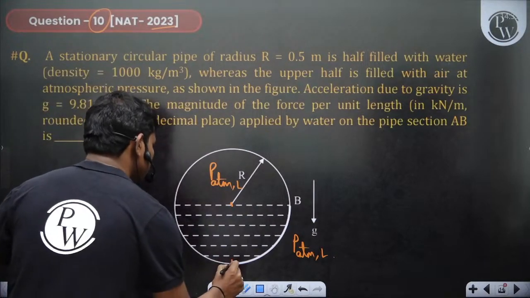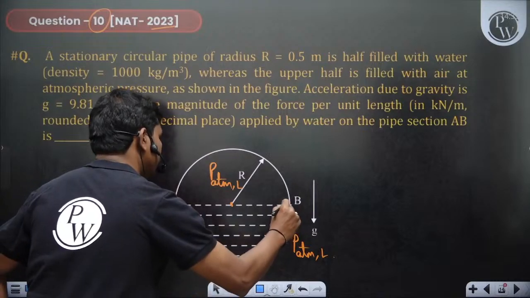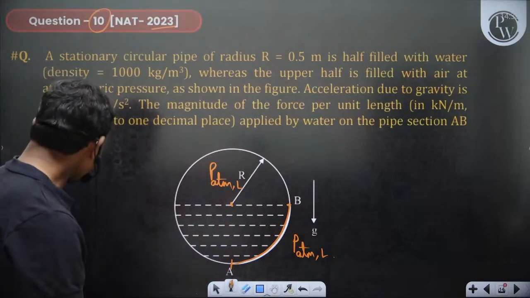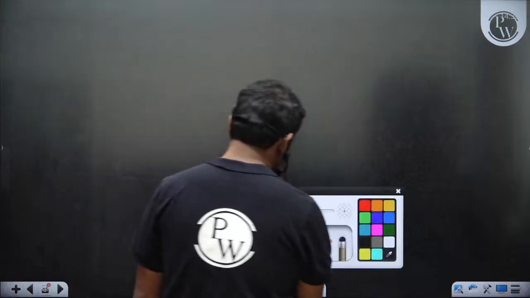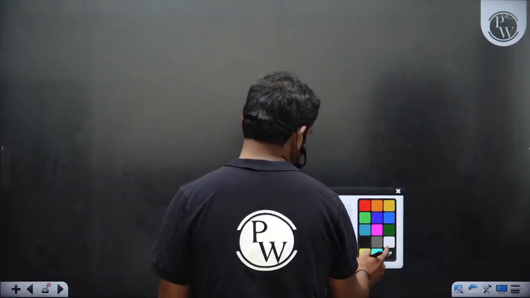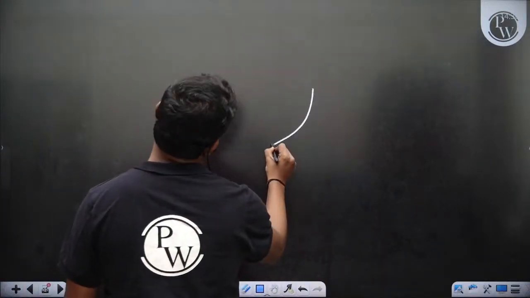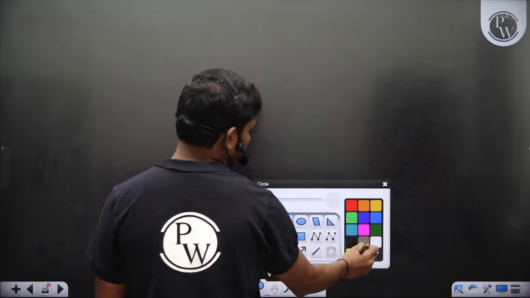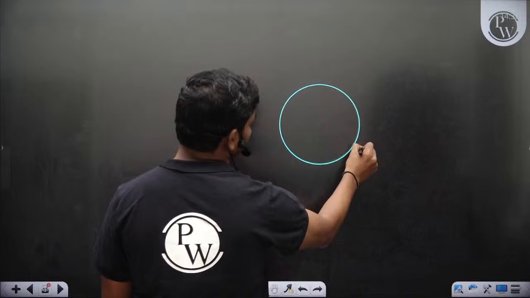Here. So this is A until here. This is B, of course. Now, if you construct this, I'm a very bad artist. So please spare me for some time with my bad artistic skills.